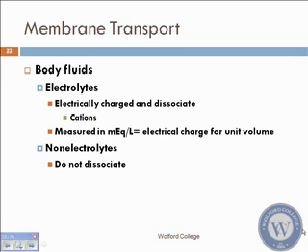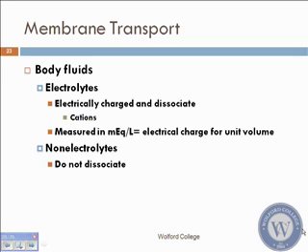If I have 1 milliequivalent of sodium, that's one little molecule of sodium. If I have 1 molecule of calcium, how many milliequivalents is that? Would it be 1? It's 2 milliequivalents, because calcium always comes in a 2+ charge. So even though it's 1 molecule, it's 2 milliequivalents per liter.